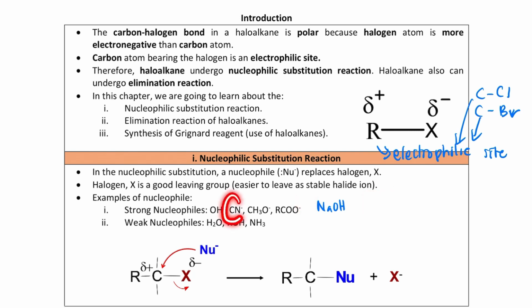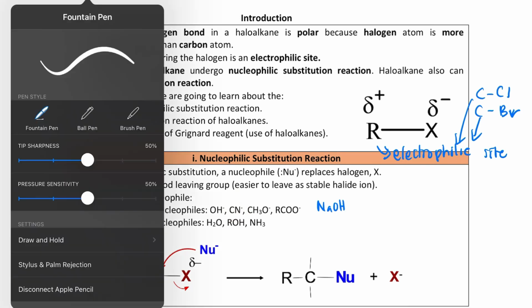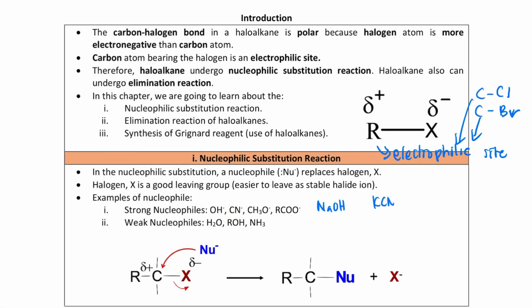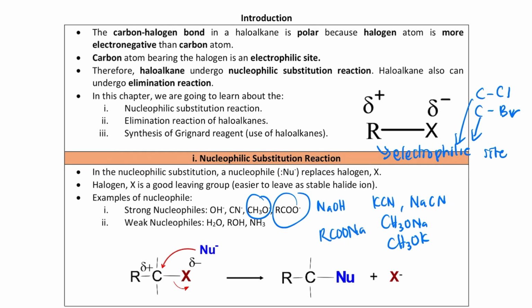Alright, and the same goes for this one, CN minus. Dia tak datang dalam bentuk CN minus. Kadang-kadang dia boleh datang dalam bentuk KCN, NaCN. Okay, ini pun sama. CH3ONa, CH3OK. K tu potassium. Okay, and sama juga this one. Okay, RCOO minus. Tu boleh jadi RCOONa. Okay, RCOOK.